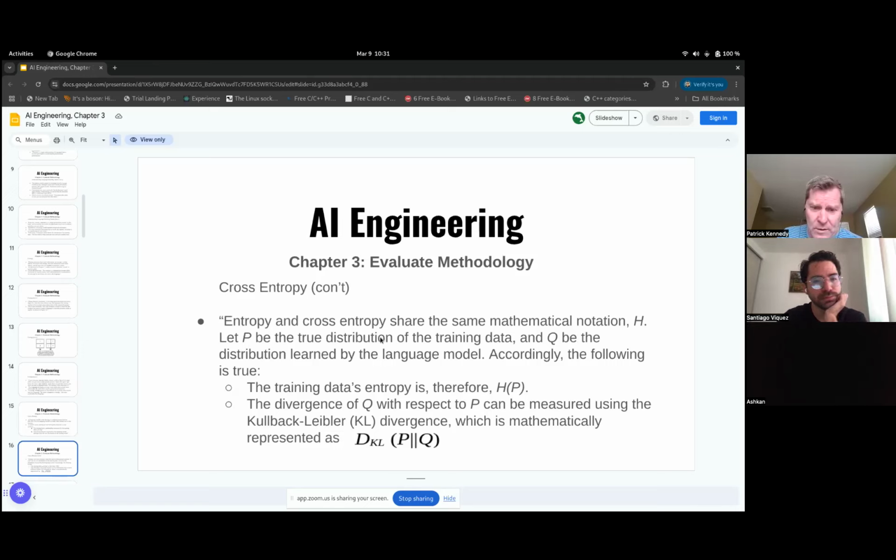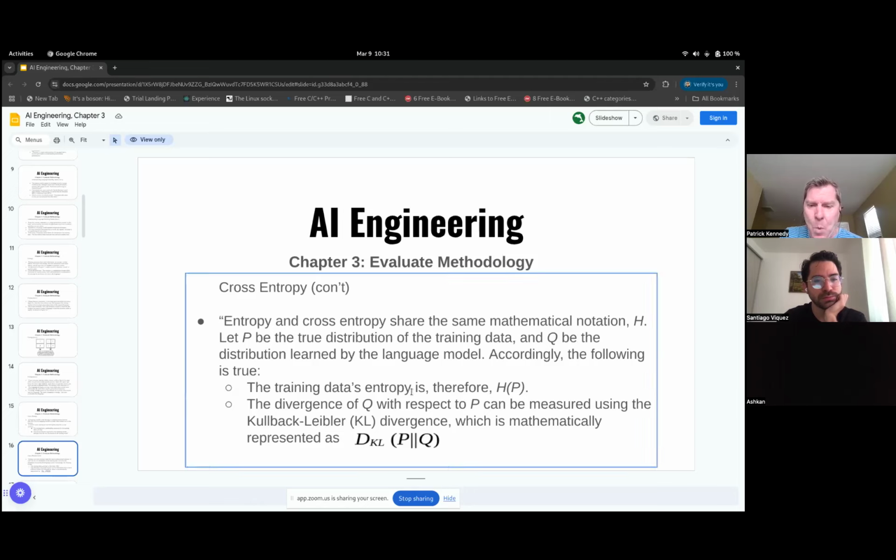Another way of calculating this is the divergence of Q with respect to P. It's similar to cross entropy. It can be measured using the Kullback-Leibler divergence, which is mathematically represented by D_KL. I forget the notation, but we'll get into that in a moment. I have it right over here.